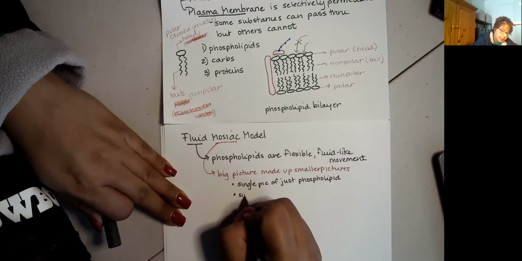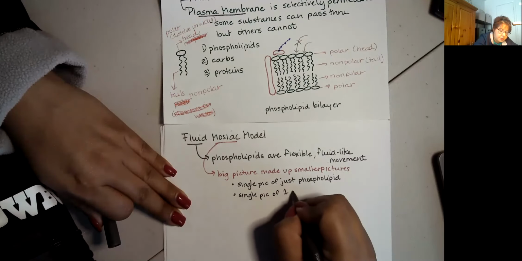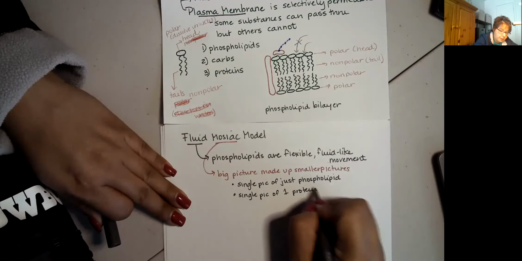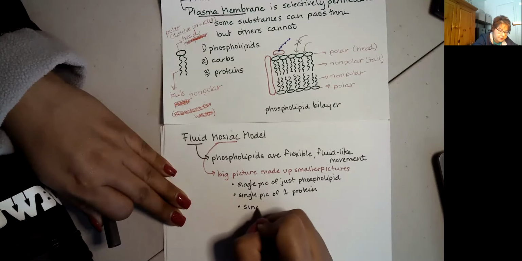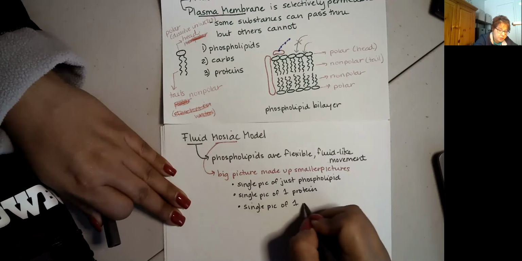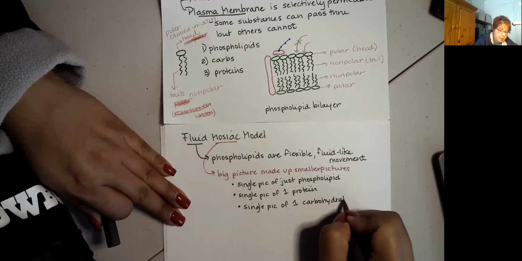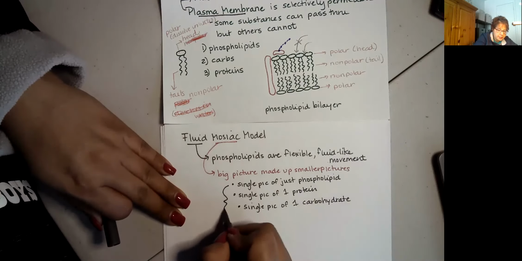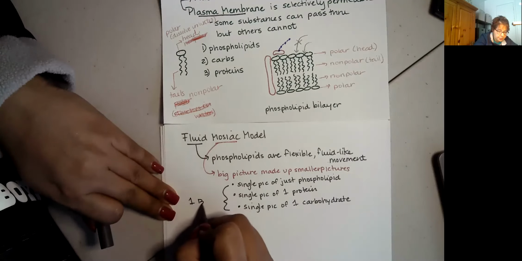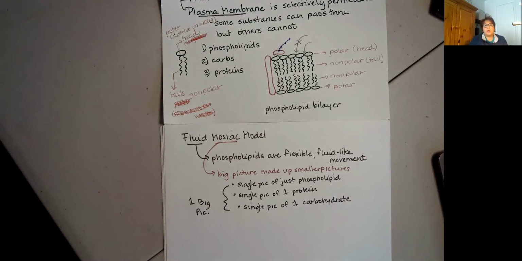You can have a single picture of a phospholipid by itself, one protein, and a carbohydrate, but you combine all these single pictures into one big picture. And so that's where we get the word mosaic from. It's a big picture made up of a lot of smaller pictures.